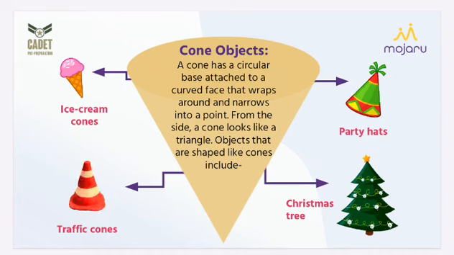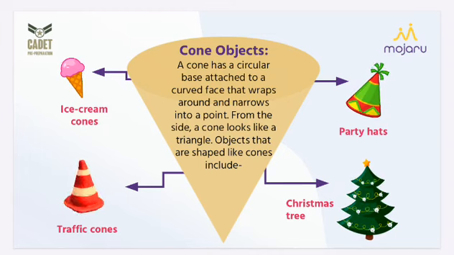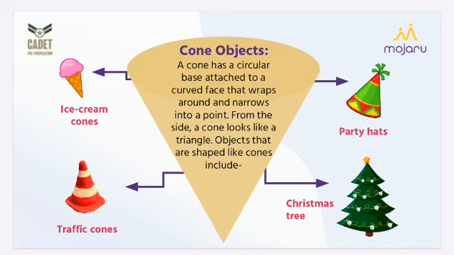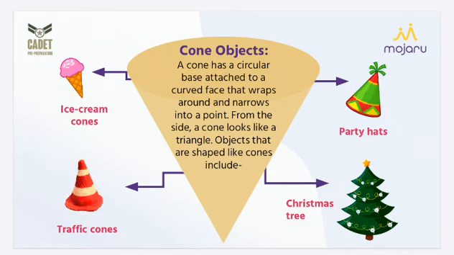Let's come to cone objects. We all know about ice cream, right? We love ice cream. We also love birthday parties and we usually wear hats. If we see that there is a circular open space, then gradually the space becomes enclosed and comes to a point, making a triangular shape.